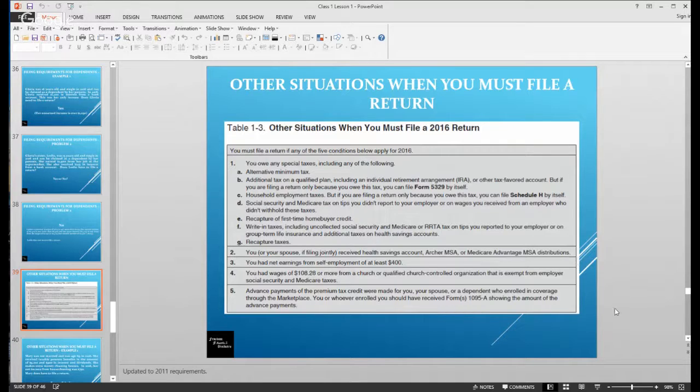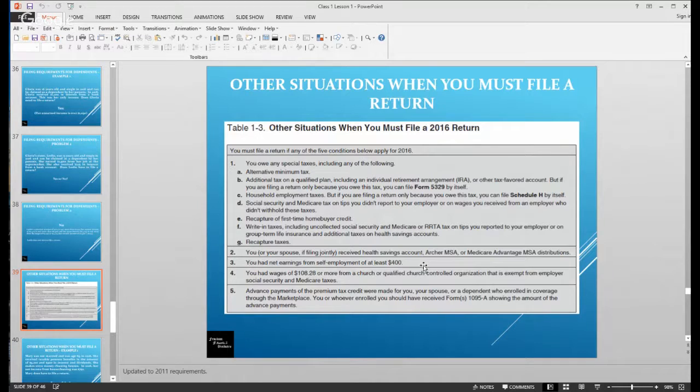The reason for this $108.28 is the same as the $400. It's because they're going to be looking at self-employment, and if you are working for a church, it would be subtracting the Social Security and Medicare taxes amount. And so in that case, that's where you get the $108.28.